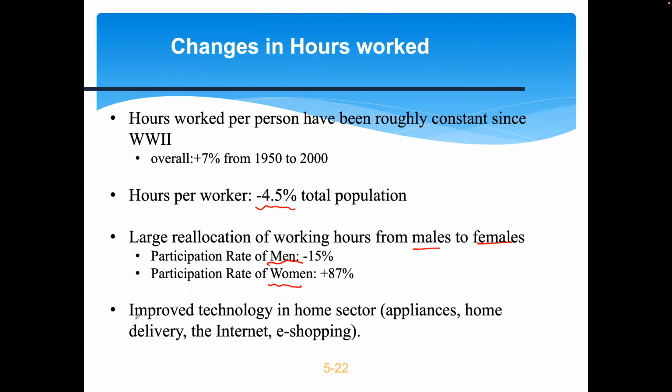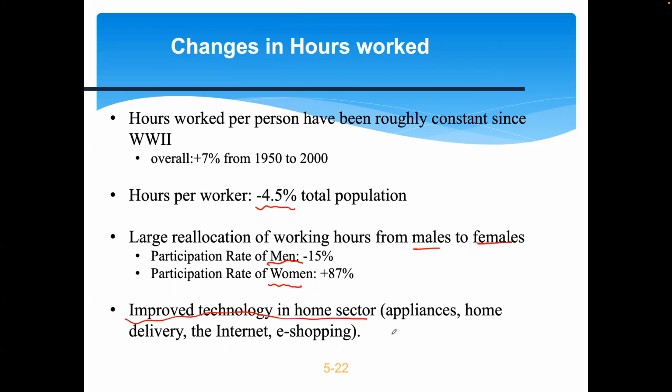Economists find out there certainly are many things, right? For example, the equal rights movement, improvement in the gender gap, and so on and so forth. But one thing is particularly interesting to understand this change, which is improved technology in the home sector.